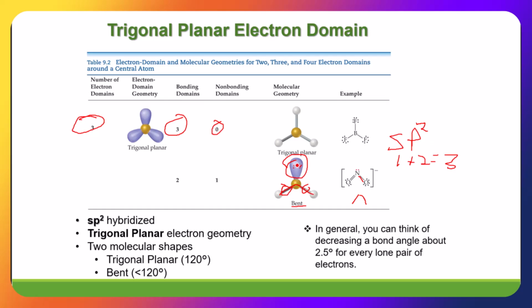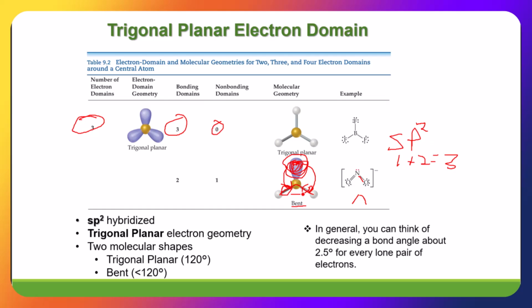And the reason it's different is because of this non-bonding pair of electrons. They take up a little bit more space and they kind of push these bonds down a little bit closer together than 120 degrees, but we won't worry about that. The bent geometry is less than 120, which is about the limit of what I would ask you.